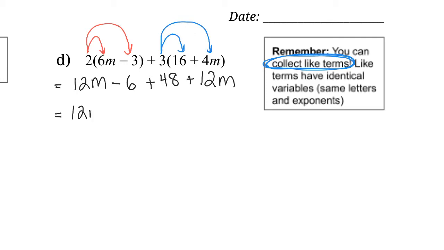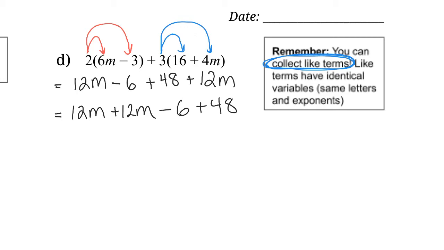So I have a 12m, and I have another 12m. So I'm going to put those together. And then I'm just going to follow it with the plain numbers. And remember to keep the signs attached to the numbers that they are attached to. So this is a -6, so the minus has to travel with the 6.